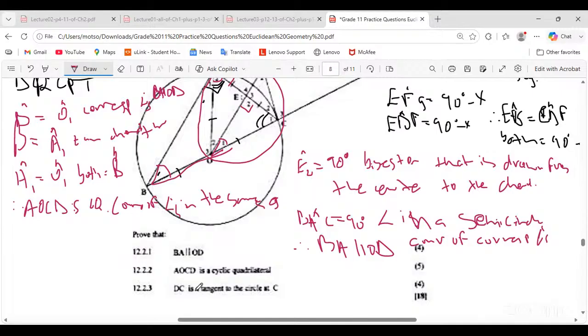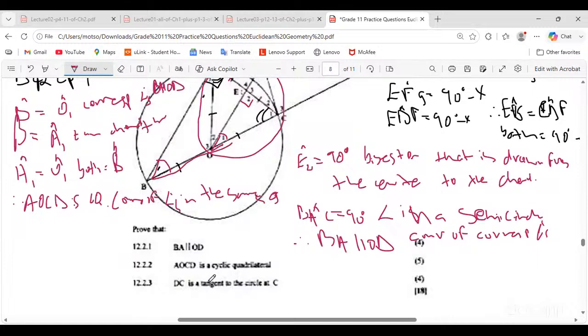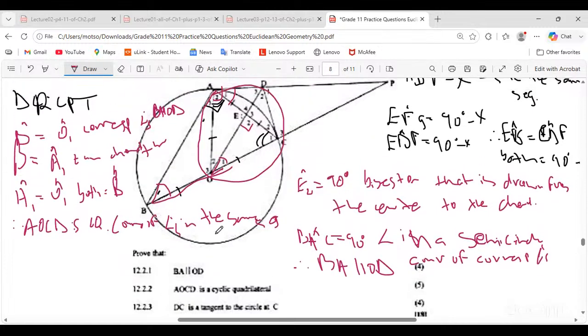12.2.3. DC is a tangent to the circle at C. Oh, DC is also a tangent. I now see it. We have to prove that. So we maybe can use the tan chord theorem: the angle between the tangent and the chord is equal to the angle opposite the chord, which is this one.